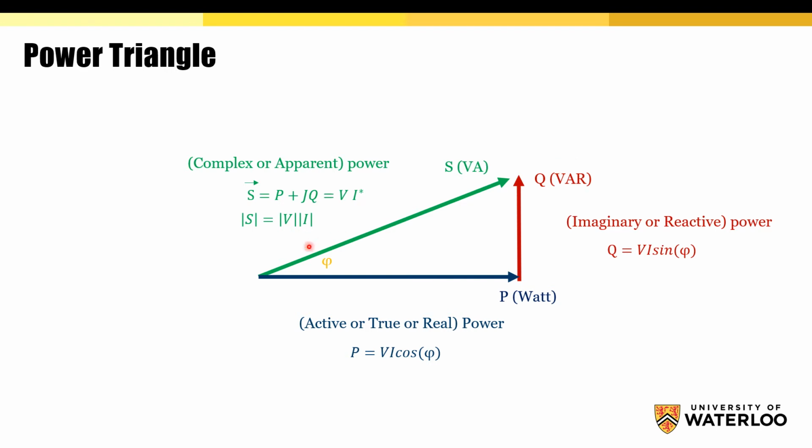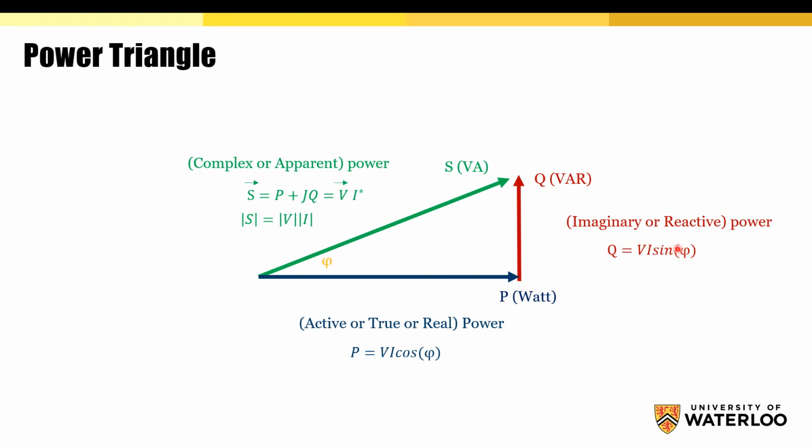The magnitude of this vector here is the multiplication of the magnitude of V times the magnitude of I. So VI cosine this angle will give you the active power. This length is V times I. So VI sine this angle will give you the reactive power.